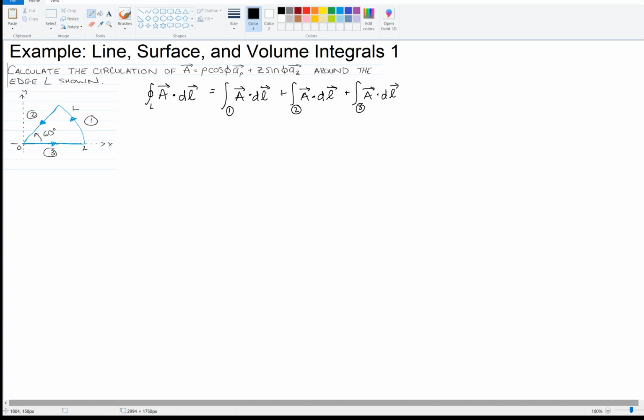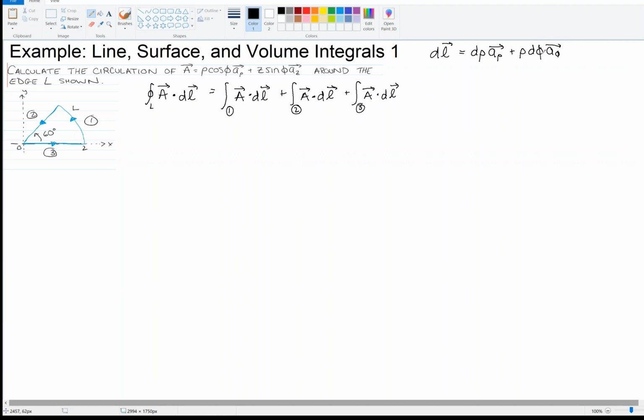Okay, and let's remind ourselves what the differential displacement dl is in cylindrical coordinates. I'm going to use cylindrical coordinates here because I've got this radial component. So the differential displacement is d rho times a unit vector in the rho direction plus rho d phi times the unit vector in the phi direction.